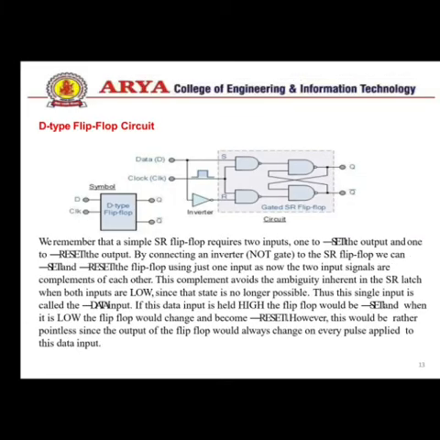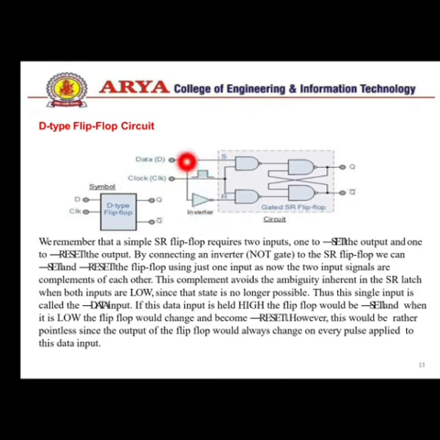This is the basic symbol of a D flip flop, where D is the input and clock is the input, and Q and Q bar are the outputs. This is the SR flip flop, where D is connected to S and D bar is connected to R.